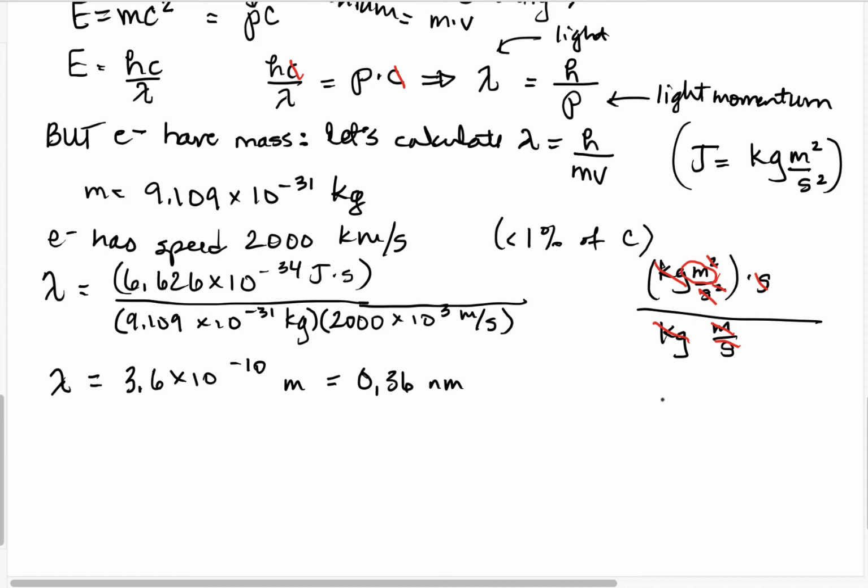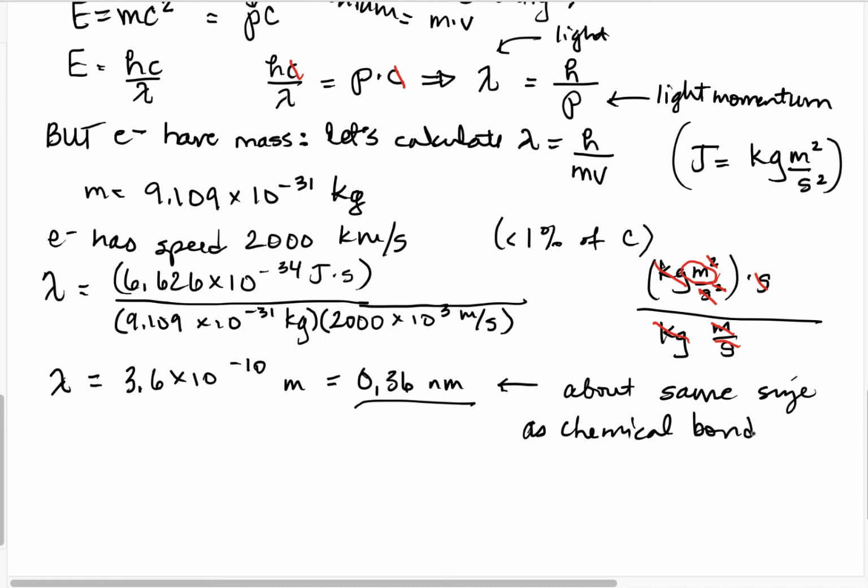And the answer is yes and yes. We can detect things on this scale. We have to use X-rays to do it, but we can do that. And the other thing about it is that this is about the size of a chemical bond. Some chemical bonds, anyway. So this is absolutely relevant to an electron. So this would be a noticeable wave-like effect.